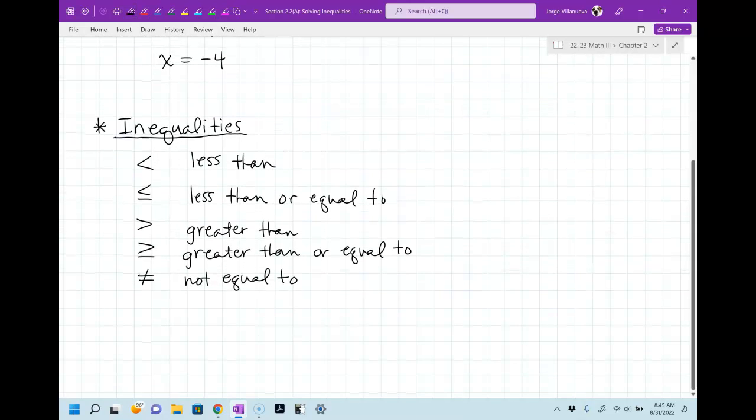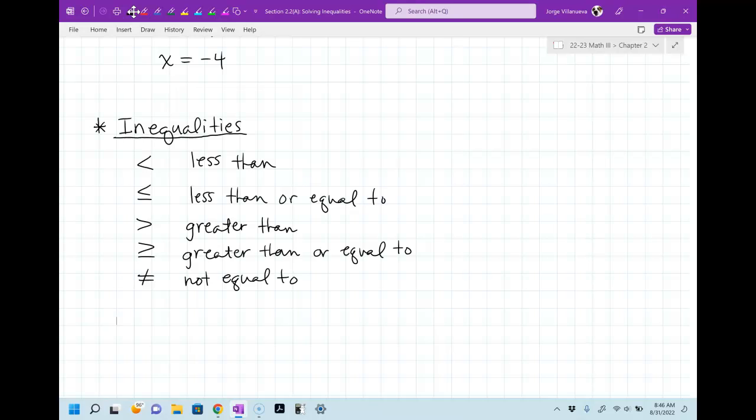Okay, these are our inequalities. Now we're not really going to be using the not equal to, but we will be using the top four. Less than or equal to, greater than or equal to. Okay?